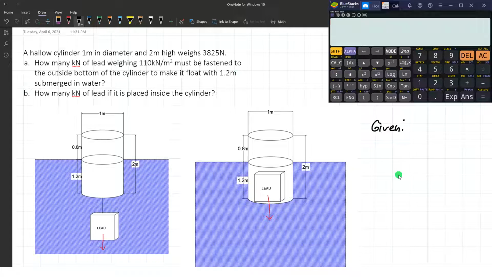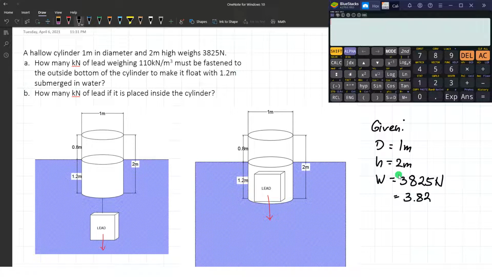We have a given diameter of 1 meter. Height, that's 2 meters. That's for the dimension of the cylinder. Its weight is 3,825 newtons. So we convert that to kilonewtons.